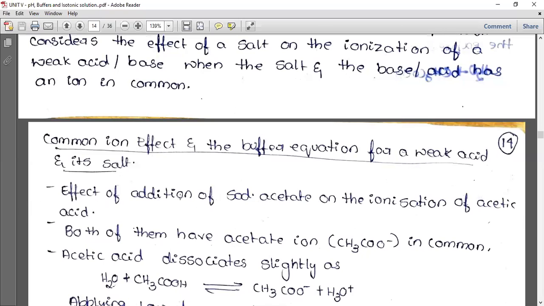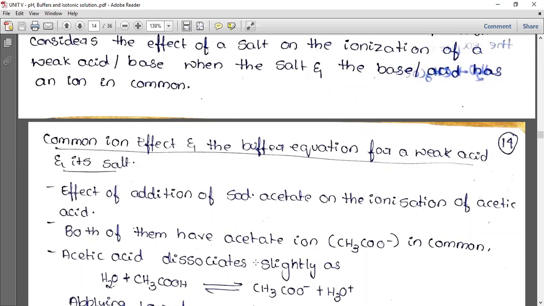What would happen if we are considering a beaker with acetic acid when we add a salt like sodium acetate? How does sodium acetate affect the dissociation of acetic acid?